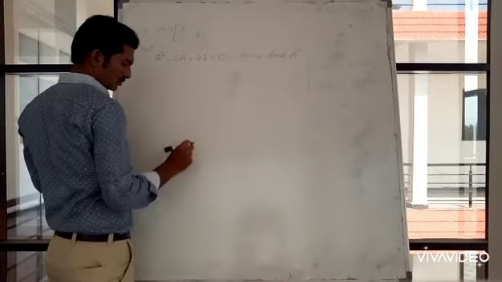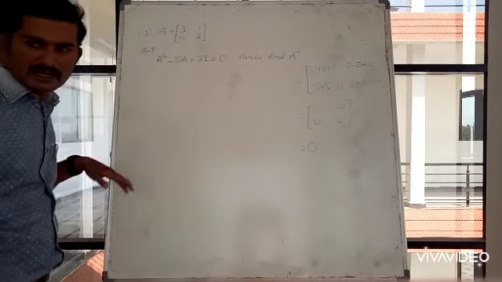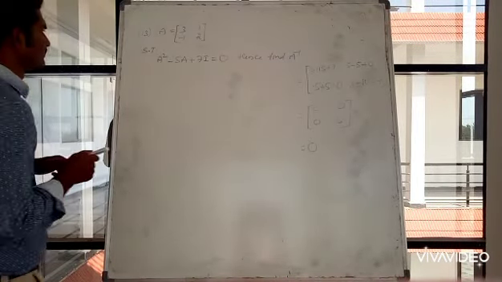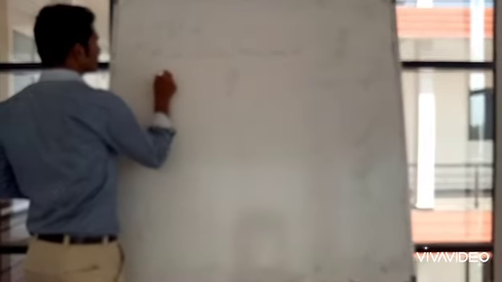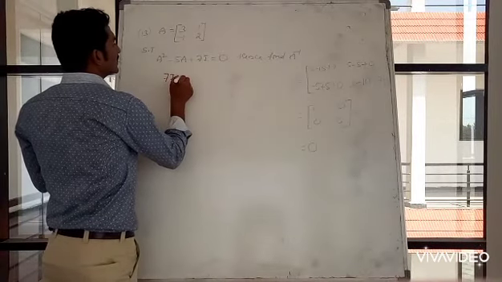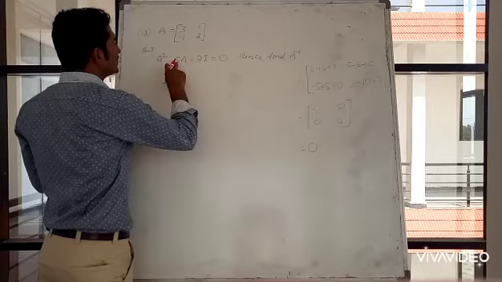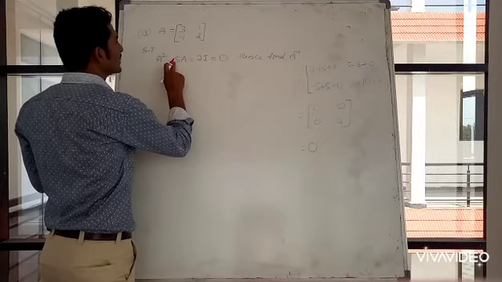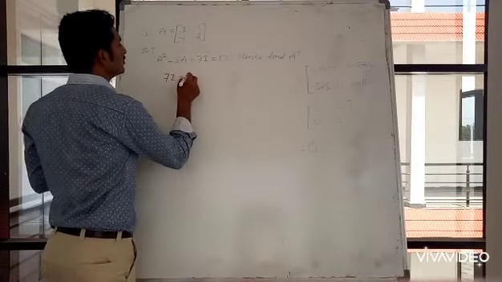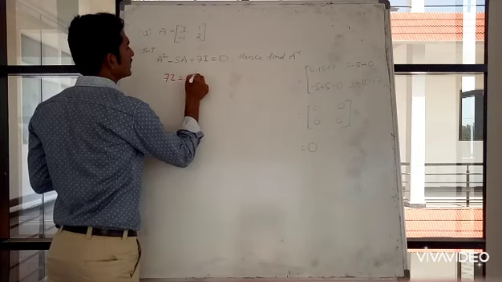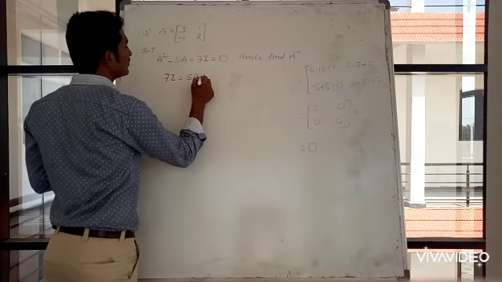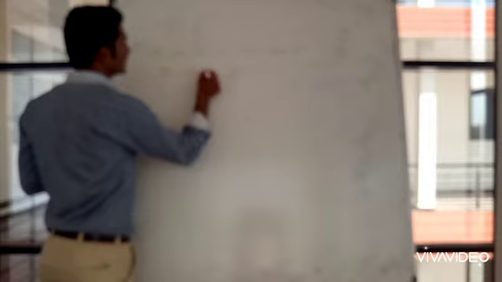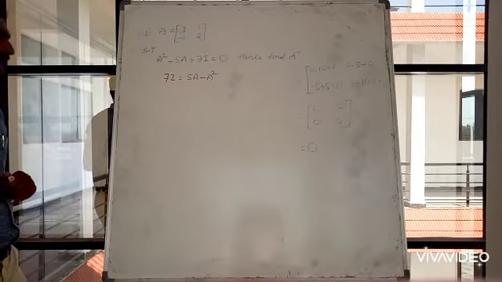7I is equal to, take them to the right hand side. Here minus 5A will become plus 5A. A square, which is positive here, if you take it to the right hand side becomes minus A square.